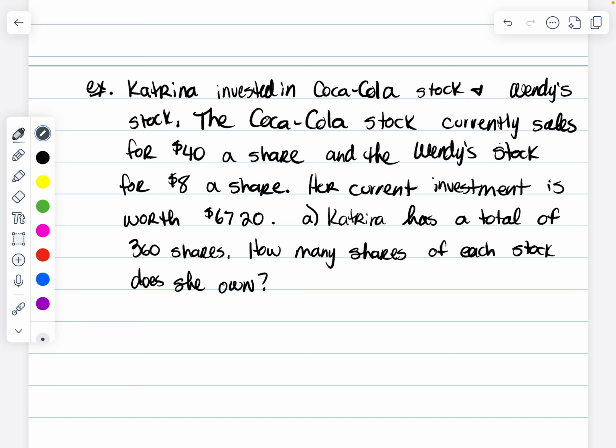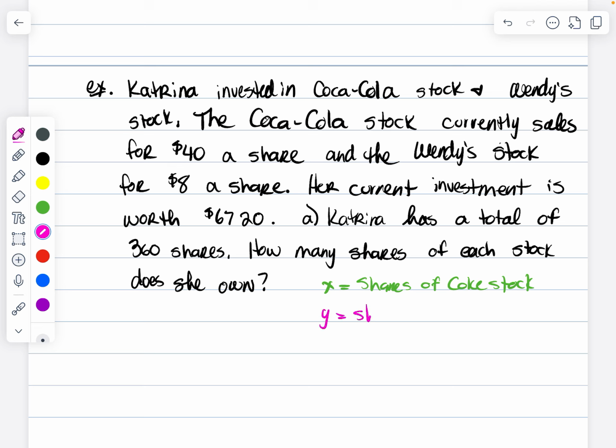So here it said, how many shares of each stock does she own? Well, what are the two stocks? Wendy's and Coca-Cola. So shares of Coca-Cola, right? Because each stock. So shares of Coke stock, maybe we'll let that be X, right?